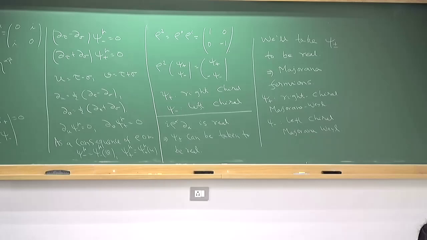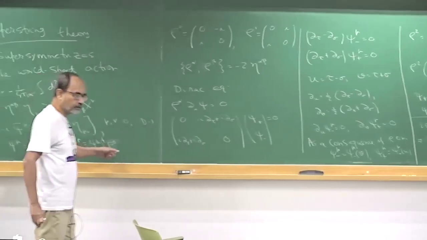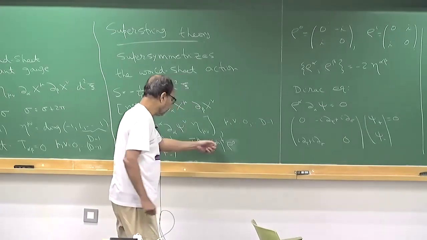An important point is that these are all Grassmann odd: psi plus minus, or psi mu and psi bar mu, are Grassmann odd. I should have written the definition of psi bar mu. So psi bar mu is psi mu dagger rho naught. I'm writing rho because later on we'll introduce the gammas, the 10-dimensional or d-dimensional gamma matrices, which should be distinguished from the 2-dimensional gamma matrices. So this is psi mu dagger rho naught.